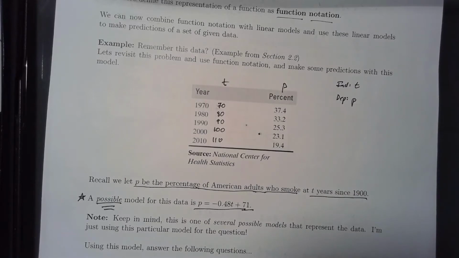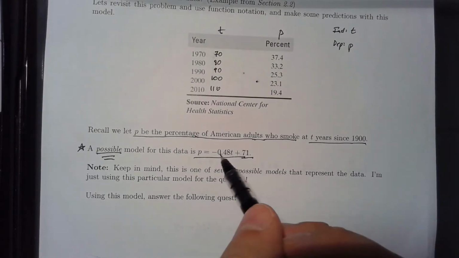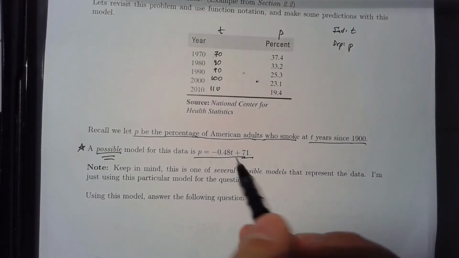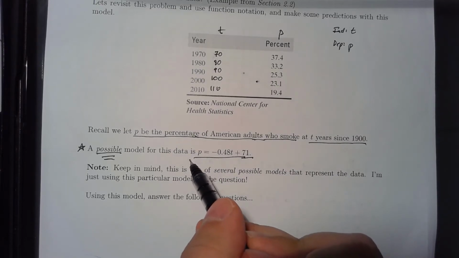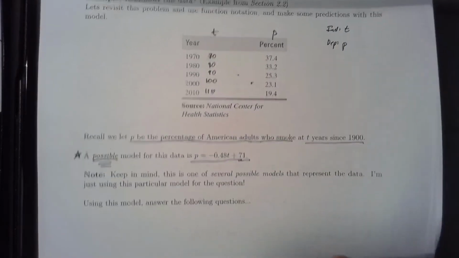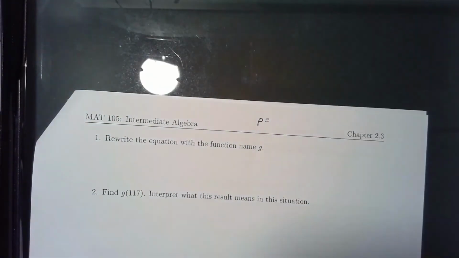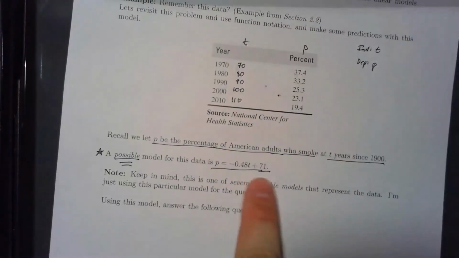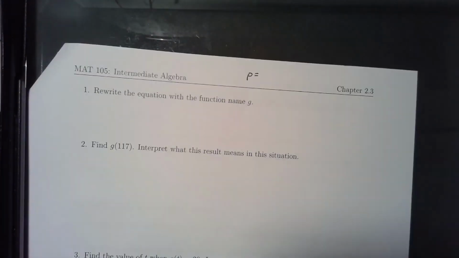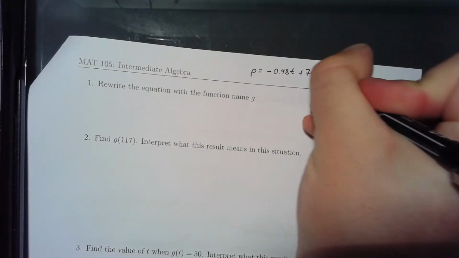So I want to rewrite this with the function name g. So I'm going to have g of my input equals my output. I'll just copy that down up here for reference. P equals negative 0.48 T plus 71.